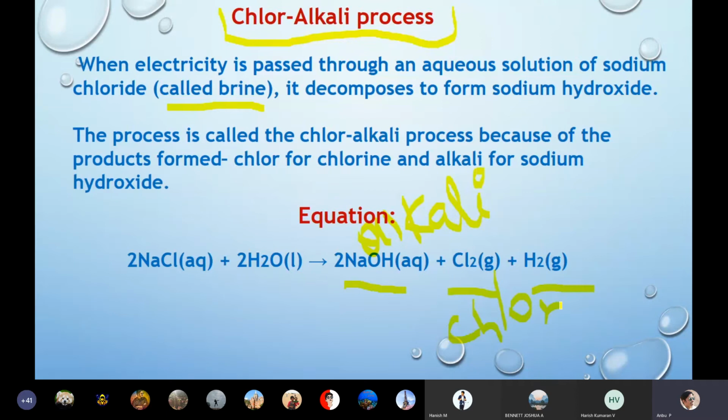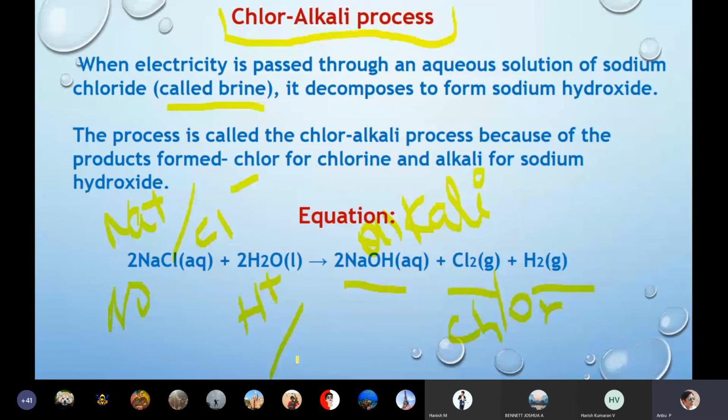I will give you a small hint on how to write the equation. When you apply electricity, the sodium chloride can be broken down into Na plus and Cl minus, and since it is in water, water breaks down as H plus and OH minus, the hydroxide ion.